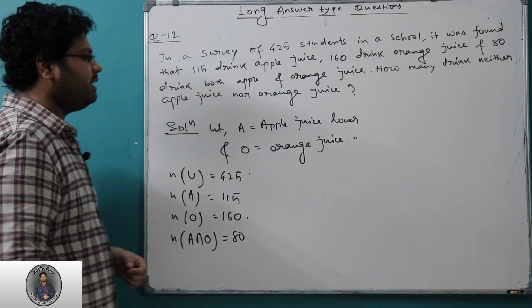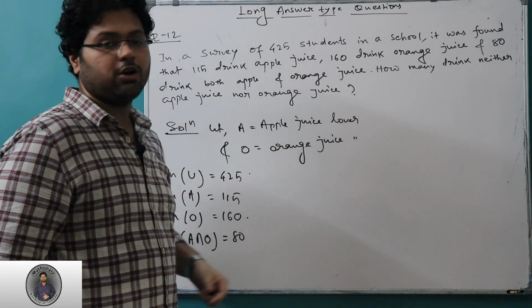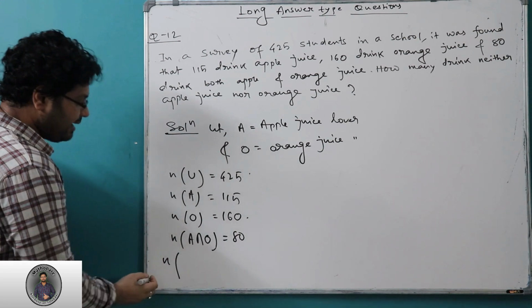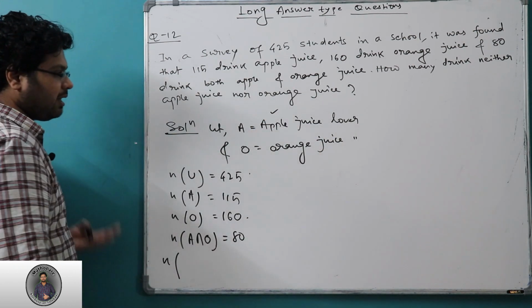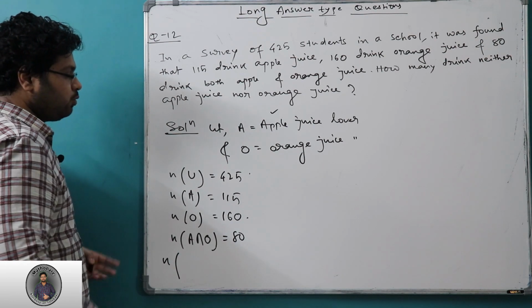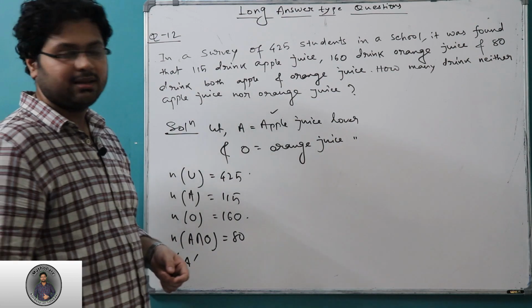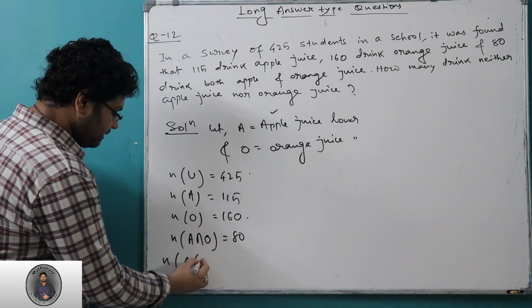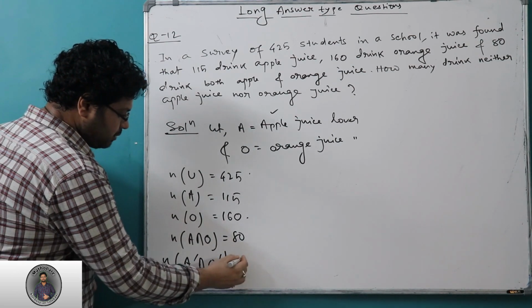Now what we need to find: how many drink neither apple juice nor orange juice. So we need to find neither apple juice, where A is the set of apple juice lovers. So those who don't like apple juice, we will take A complement. Similarly, those who don't like orange juice also, so we take the intersection with the orange juice complement. This we need to find.